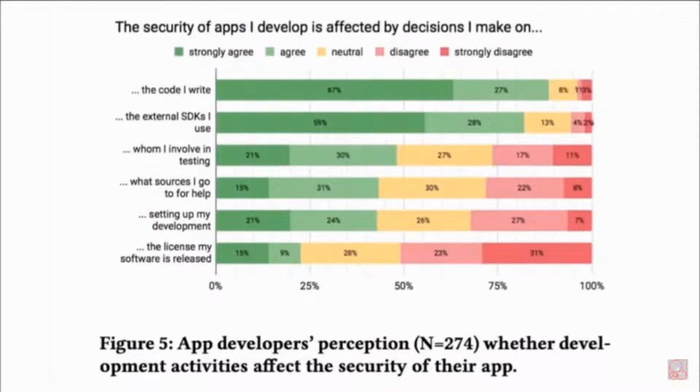The code-facing tasks, so simply saying the code I write and the external SDKs I integrate into my code, are seen as strongly affecting the security of your app, while a lot of the other tasks, such as the social tasks involving testing, what sources you go to for help, or simply dealing with the license your software is released under, don't particularly seem to affect security in software developers' views.